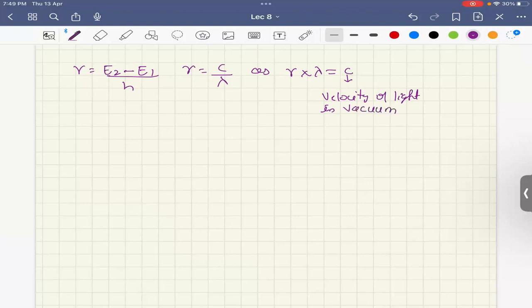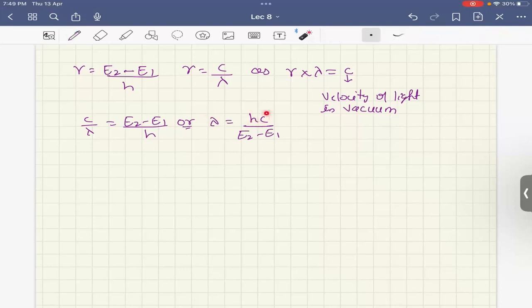Thus, c by lambda is nothing but E2 minus E1 by h, or lambda is nothing but hc by E2 minus E1. Since h and c are constant, and E2 minus E1 corresponds to definite energy, each transition from one level to another will produce a light of definite wavelength.